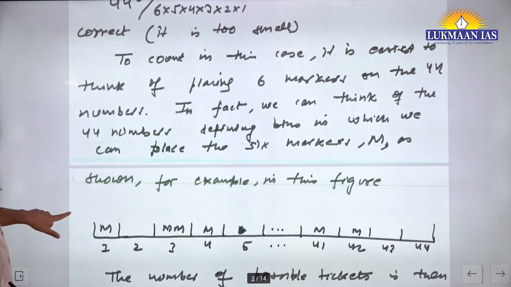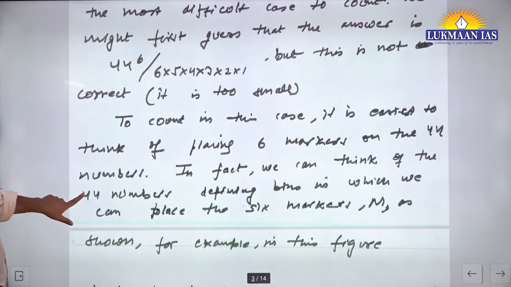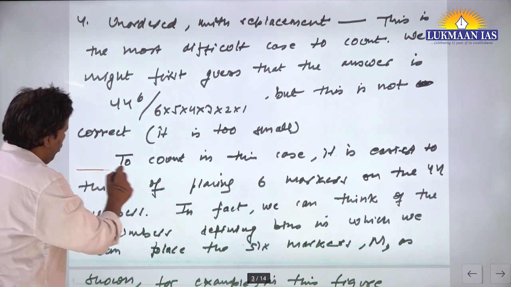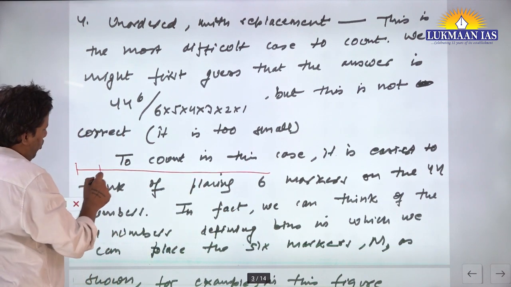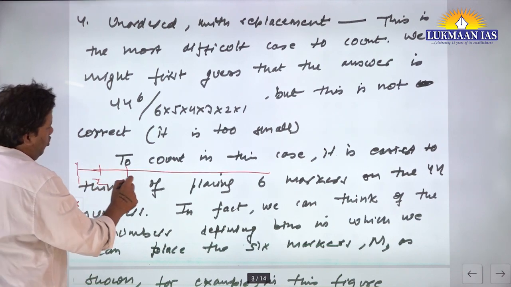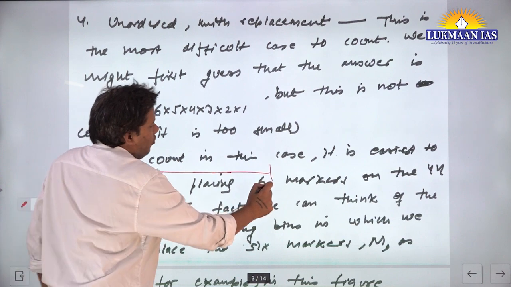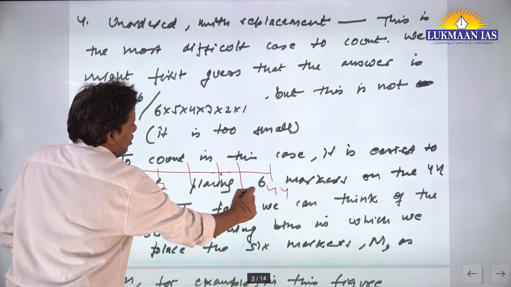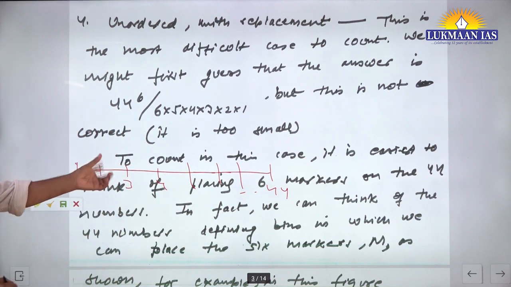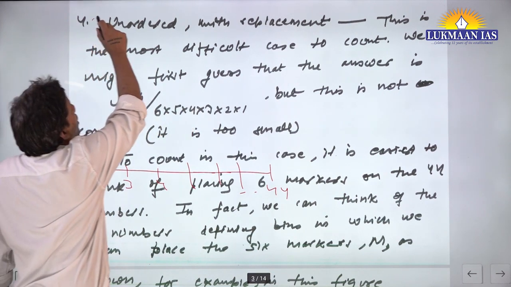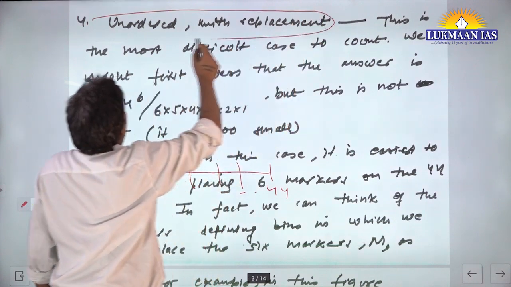I have 44 numbers: 1, 2, 3, 4, like that, up to 44. And I have 6 markers, and I have to place them. If I can count the arrangements of these 6 markers in these 44 numbers, then it is the same as counting unordered with replacement.